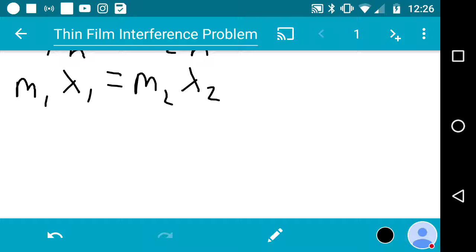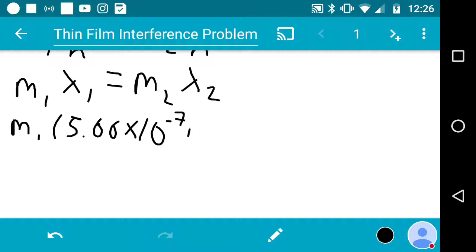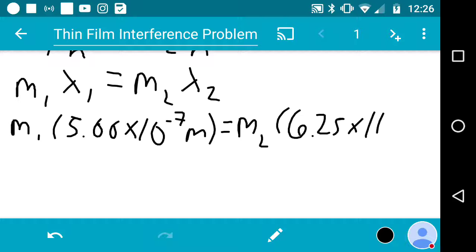But we do know lambda. So we'll have m1 times, we said lambda 1 was 500 nanometers, so 5.00 times 10 to the minus 7 meters, is equal to m2 times 625 nanometers, so 6.25 times 10 to the minus 7 meters.